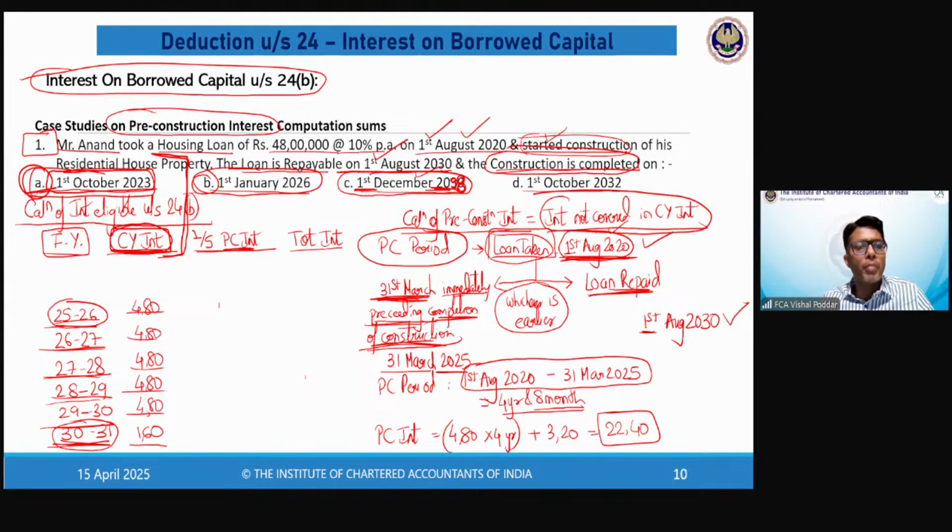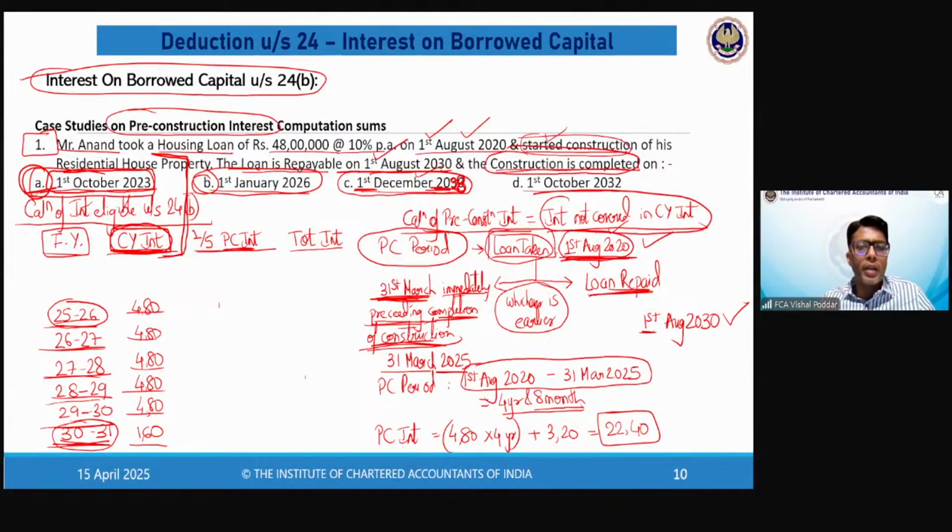Anubhav, Priya, Soumya, Ishan, Smriti, Priyanshi, no Deepika, no Harshada. I don't know which date you all are telling me. I'm asking the year from which the deduction starts. No Rajveer. Shailja, I don't want date. I want the year.